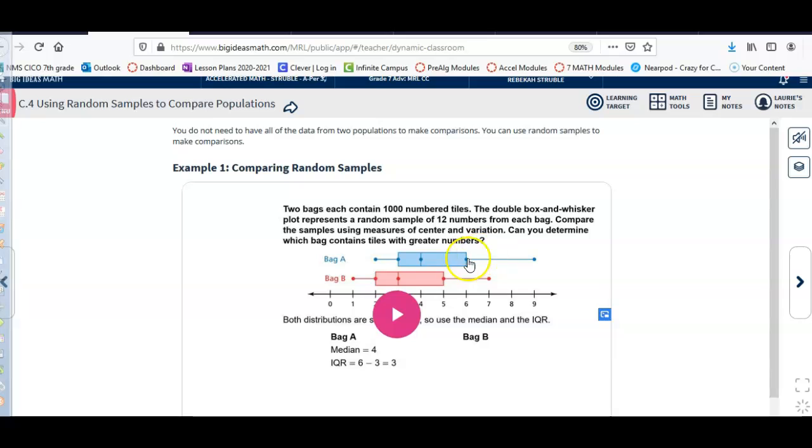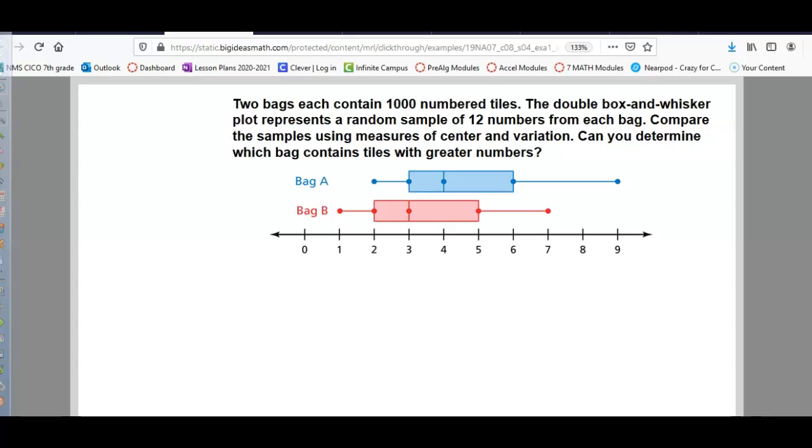Taking a look at this data, though, we see that bag A seems slightly skewed. So we're going to have to use the median and the IQR to represent the center and the variation. I'm going to do the click through. It seems to be quicker doing it that way.